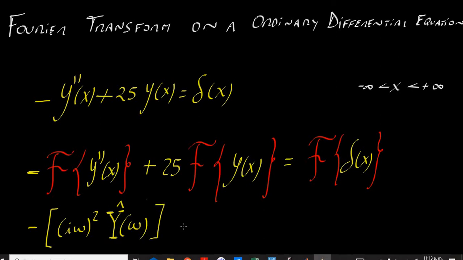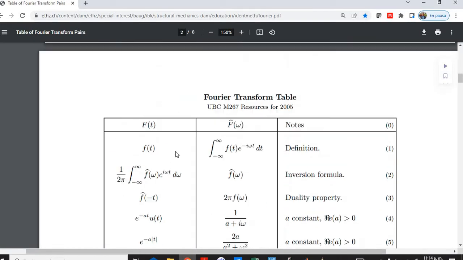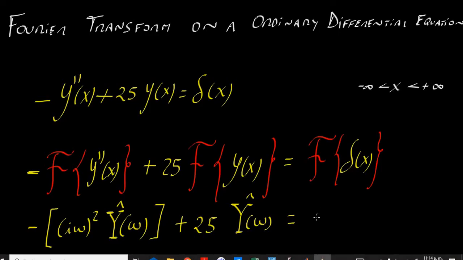I am just following the instructions in the table, plus 25 Y of w. Remember that this is what we are looking for. We need to find y. And the Fourier transform of the impulse, let me see, here you have the Fourier transform of the delta Dirac, or the impulse, is just 1. So this is 1.